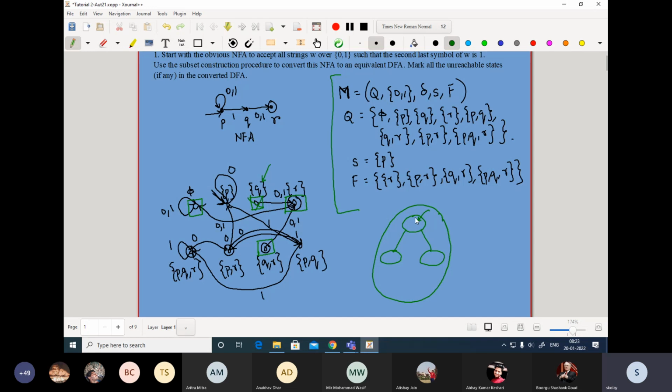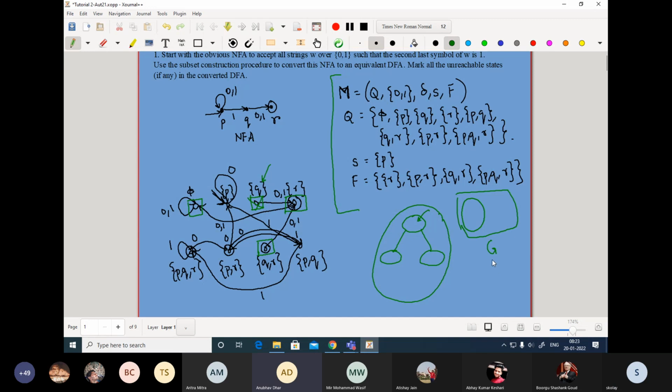Now, each vertex of the tree corresponds to a strongly connected component of a component of the directed graph. Okay, I don't think you are familiar with this.